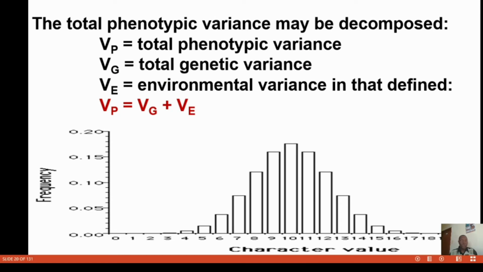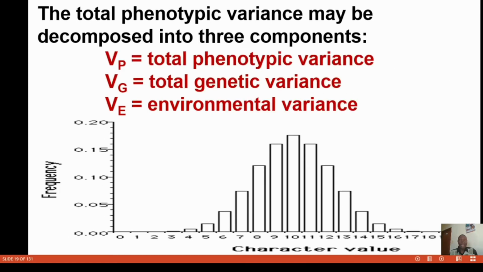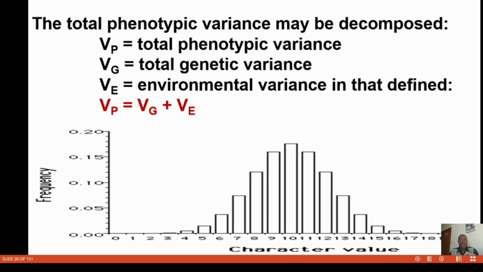And so here, coming back to here, we have three variances we are going to look at. The total ones are three total types: the total phenotypic variance, the total genetic variance, and what you may want to call the total environmental variance, although we don't have to use the word total.